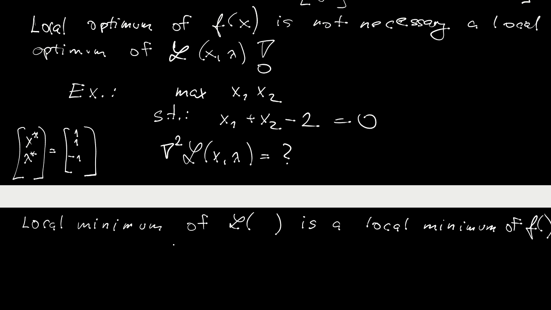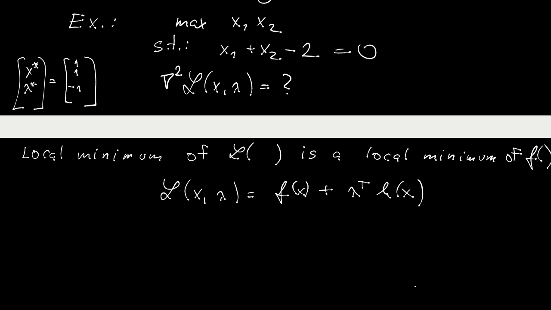How can we see this? Let's have one last look in this lecture at the Lagrange function. It's the original cost function plus lambda times h of x. And now say you found a certain combination of x and lambda for which the value of L is minimized.